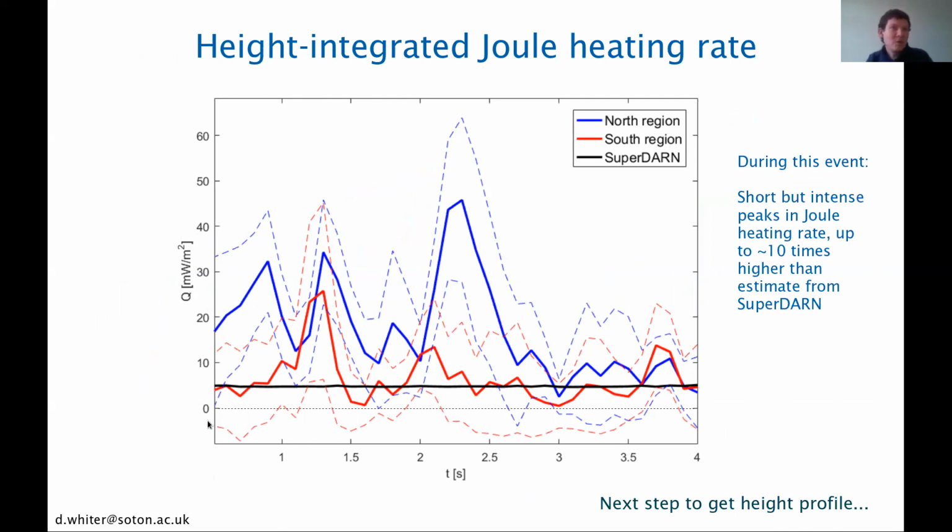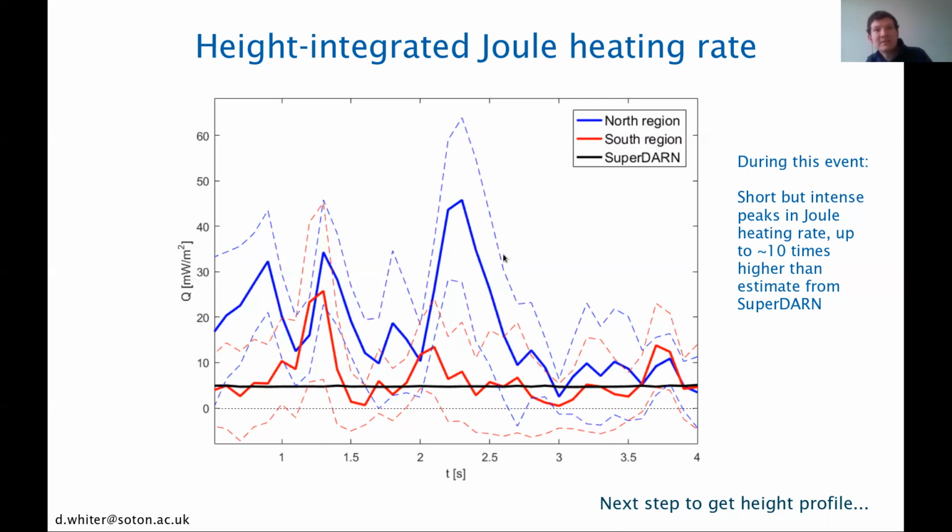We see what we expected, that the electric field around the aurora is more intense than the average from SuperDARN, but it's very spiky as well. It has intense periods for a very short time. Say this spike lasts for about half a second, and at that time the Joule heating rate was about 10 times higher than the Joule heating rate obtained from SuperDARN.